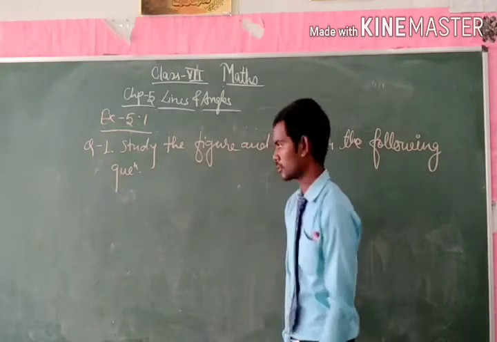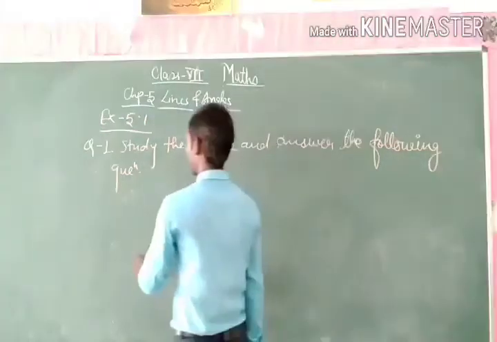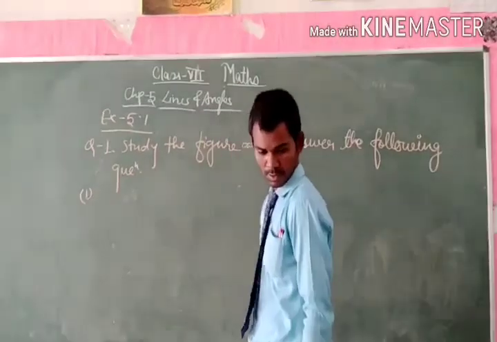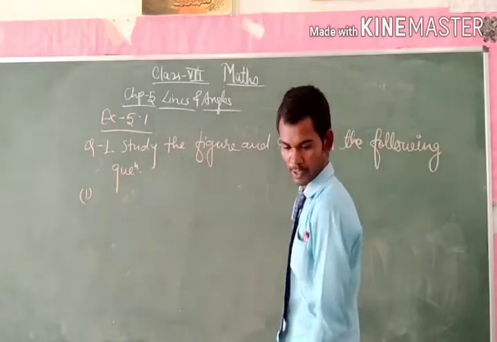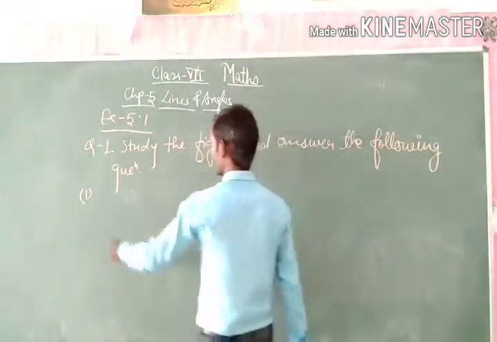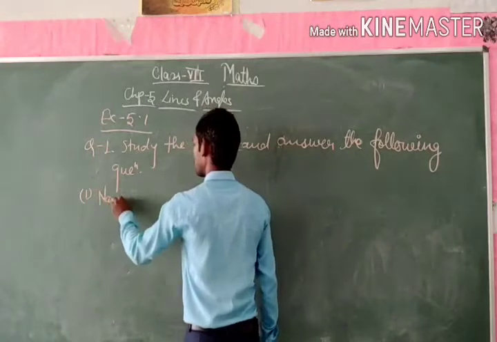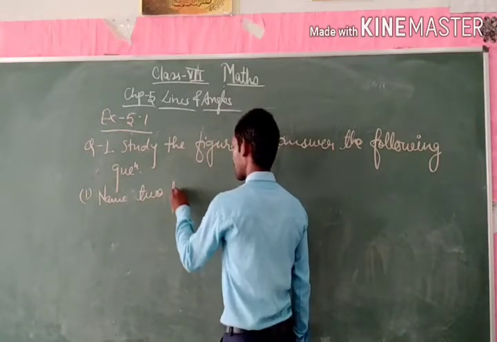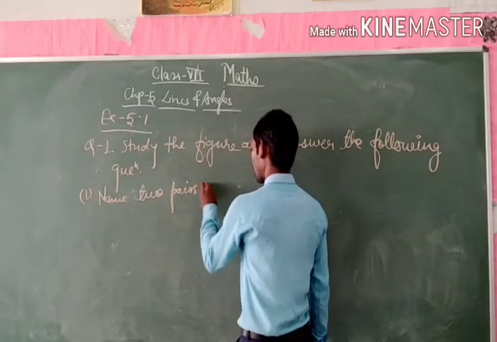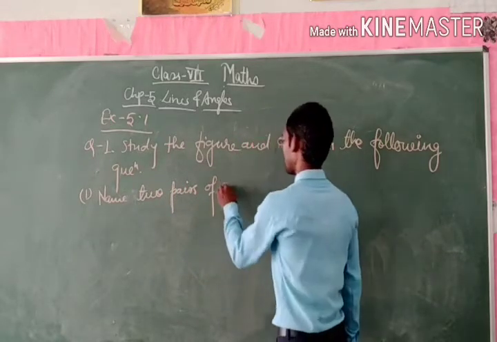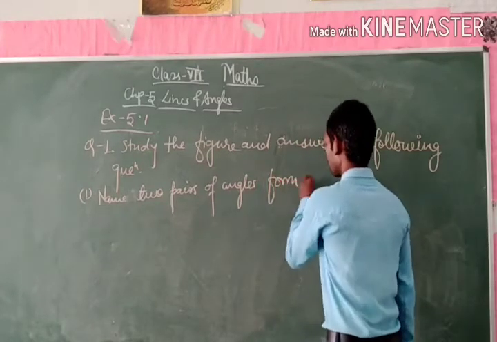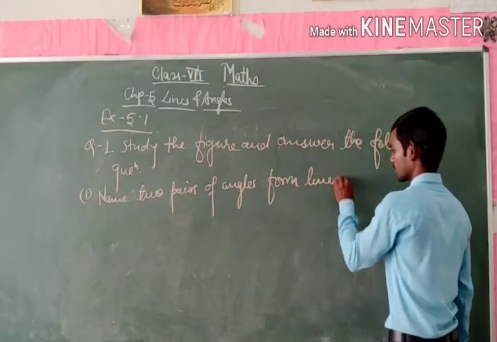Okay, so let us see. The first condition is: name two pairs of angles that form a linear pair.